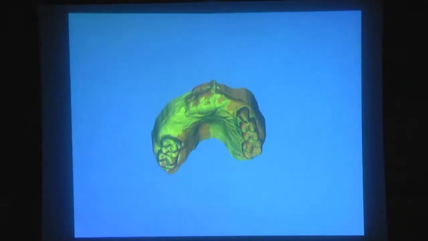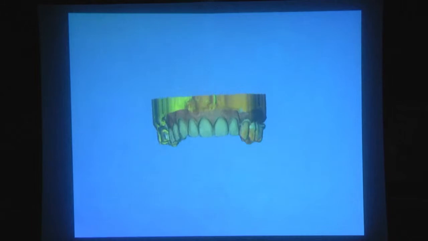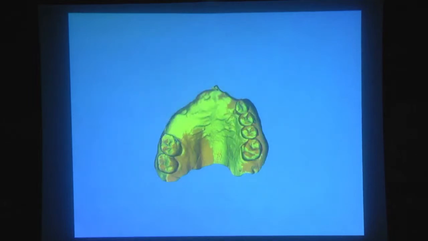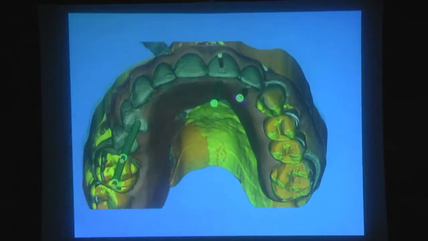After it, we made the radiology evaluation, having the DICOM data and getting some STL files from the intraoral scanning. Then we matched it in the software and started planning the implant positions.